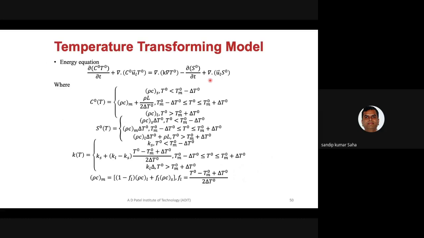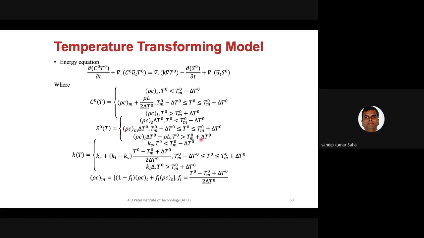Okay, now these are the two methods that are very widely applicable, very popular, and people use them very widely. Now there are some other methods called the temperature transforming model. Basically this is also based on a similar type of advanced apparent heat capacity method, but here they modify the term CP0 according to their definition using this expression.